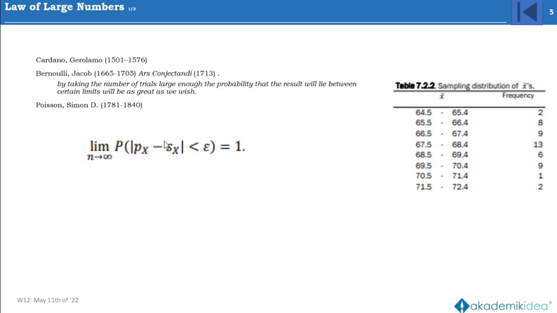The probability that the estimation error, or sampling error, is less than a positive number, a very small number, symbolically epsilon, approaches 1 as the number of trials approaches infinity.